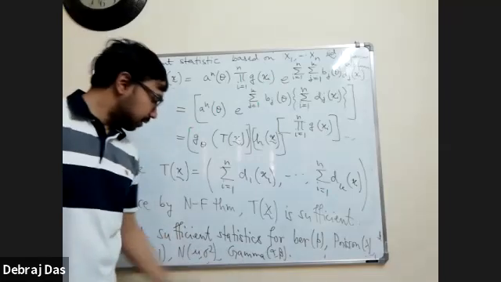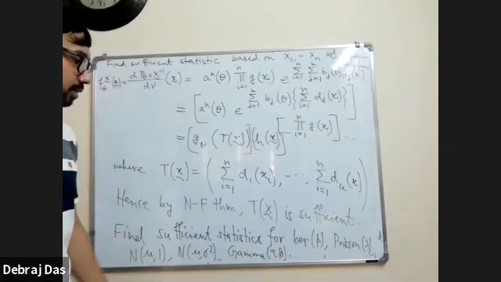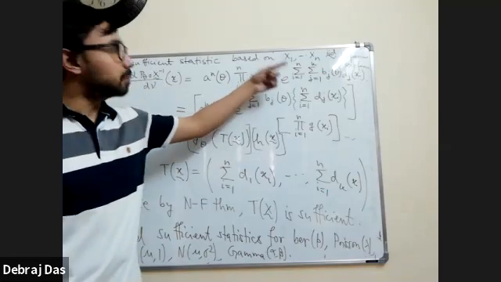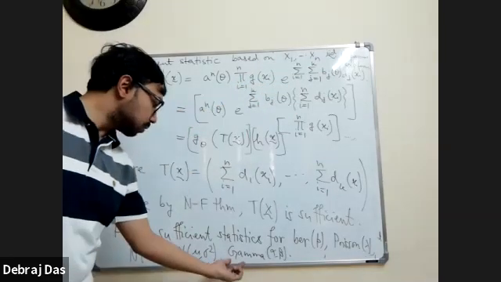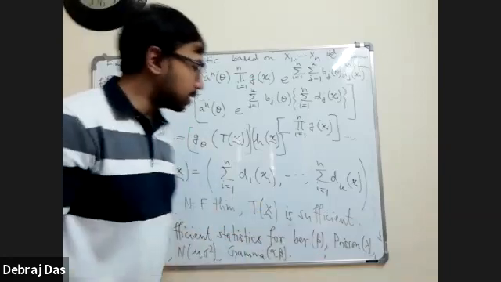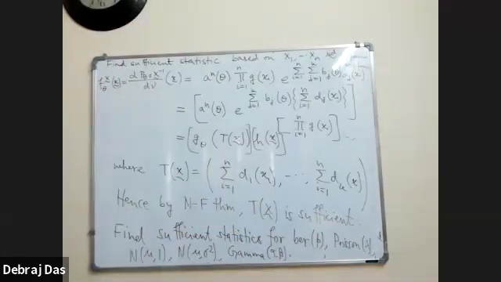Each of these families is some k-parameter exponential family. This is simply the two parameter. This is also two parameter. The rest are all one parameter exponential families.